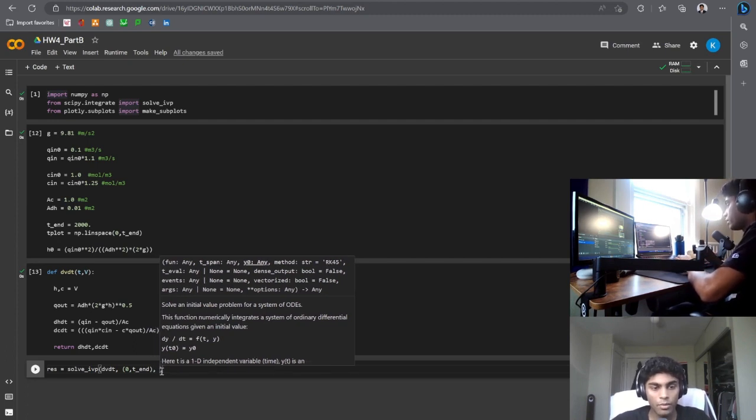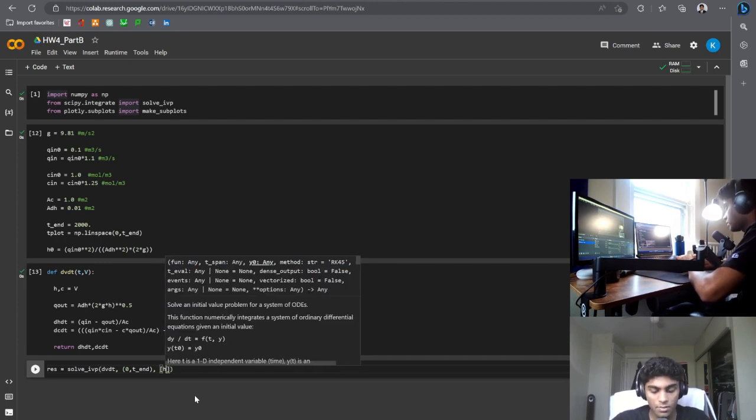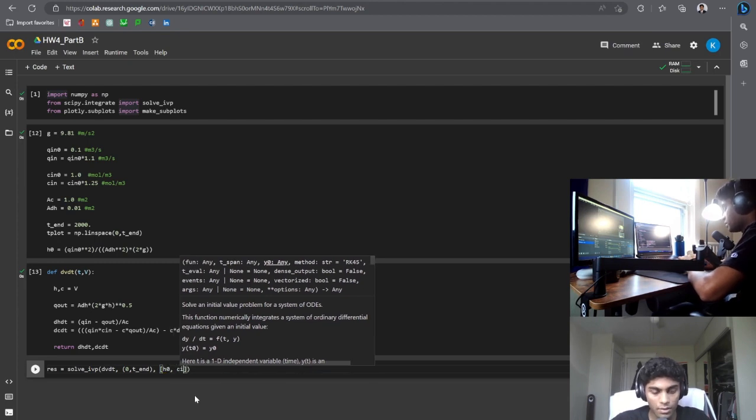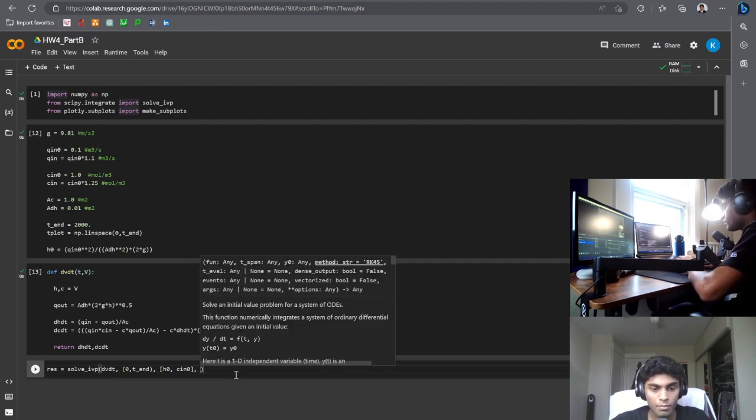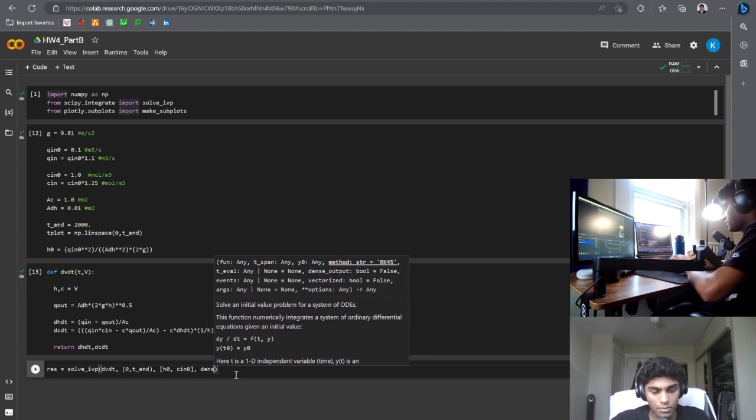And our y initials here, we're going to use a couple values. We're going to use our initial height and the initial concentration in. We're going to set our dense output to true.